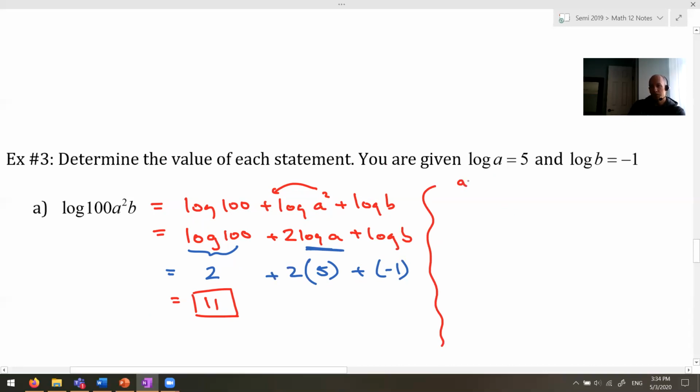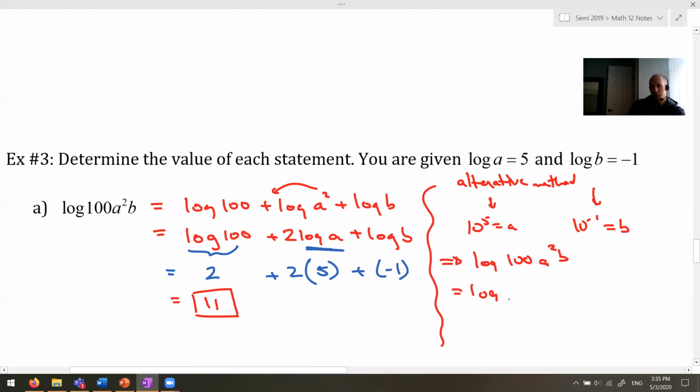Now if you went ahead and did all the stuff that I said you don't have to do, you could have done the alternative method where you work out that 10 to the power of 5 is equal to a, and 10 to the power of -1 is equal to b. Then you would have had log of 100 a squared times b. It would have been 100 multiplied by 10 to the 5th squared, and then b is 10 to the -1.